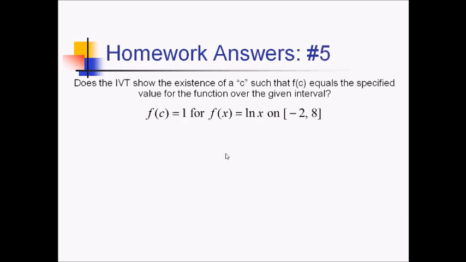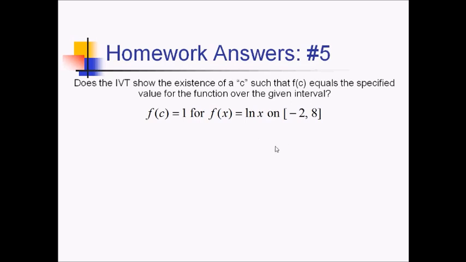On this problem, we're trying to see if the intermediate value theorem shows the existence of a c such that f of c equals 1 for ln of x on negative 2 to 8. So basically, is there a y value of 1 that we're guaranteed to find on this function between these x values? So because we're using IVT, we have to verify continuity. The ln function we know is undefined when x is less than or equal to 0.